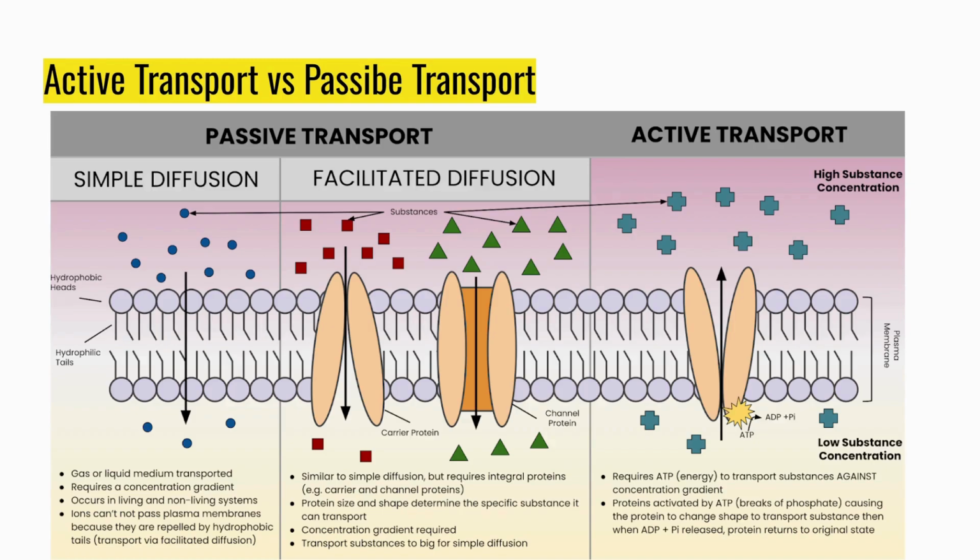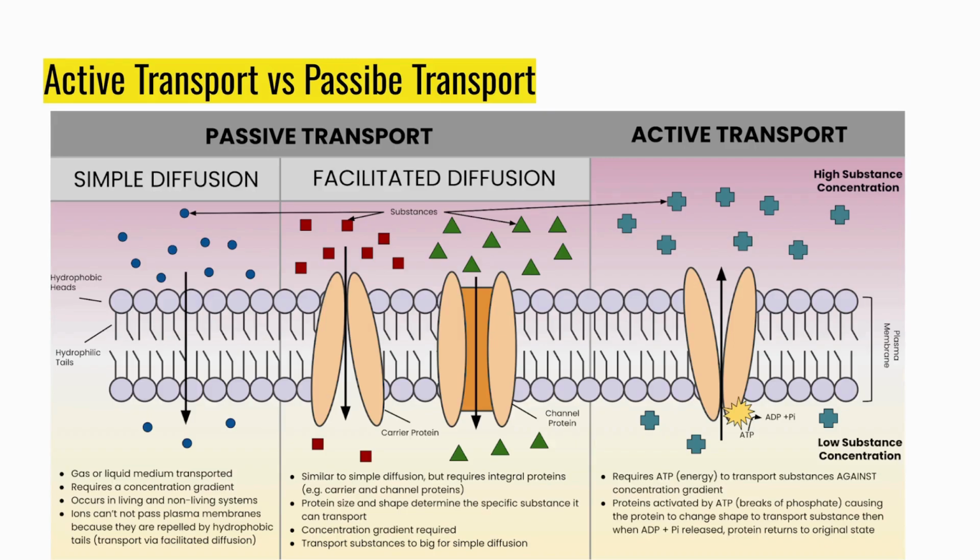Okay, and then let's go on to active transport. In active transport, you don't necessarily need a concentration gradient. However, in active transport, we do use energy, so there does need to be the use of ATP. Again, reminding you that ATP is essentially the currency of energy for cells.